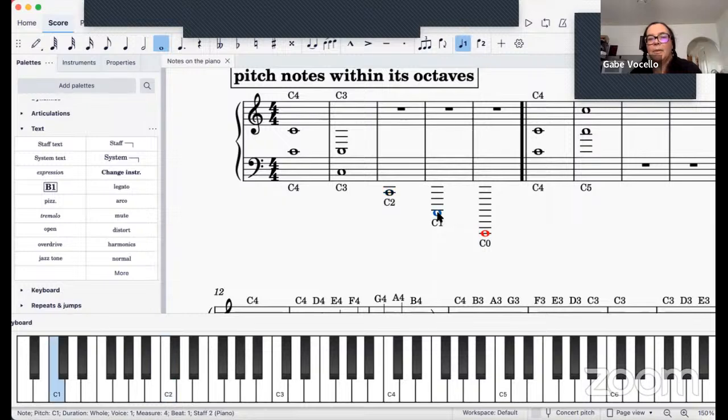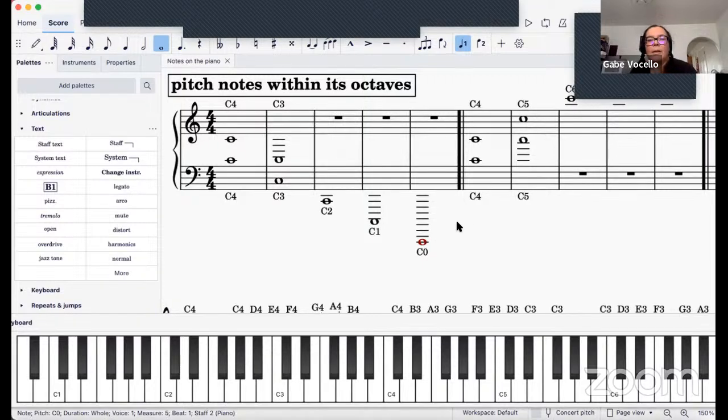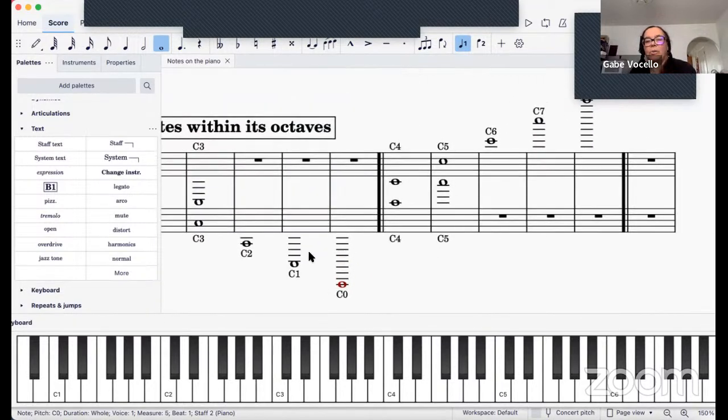C1 is below the 5 ledger lines of the bass clef. C0, I need to count. It is the 9th ledger line on the bass clef. If it's wrong, please make a correction, because I counted. Let's see. Yes, 9.